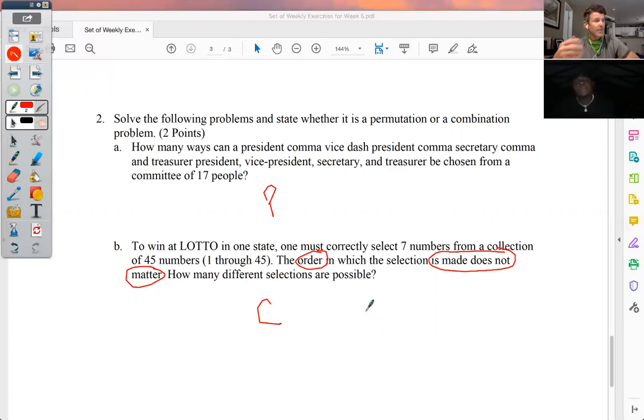So for week 6, remember on top, that's what's favorable, what they're asking you about, over your total possible combinations on the bottom. Once you take a look at that and play around with the homework for week 6 in my math lab, just let me know if you have any questions, okay?